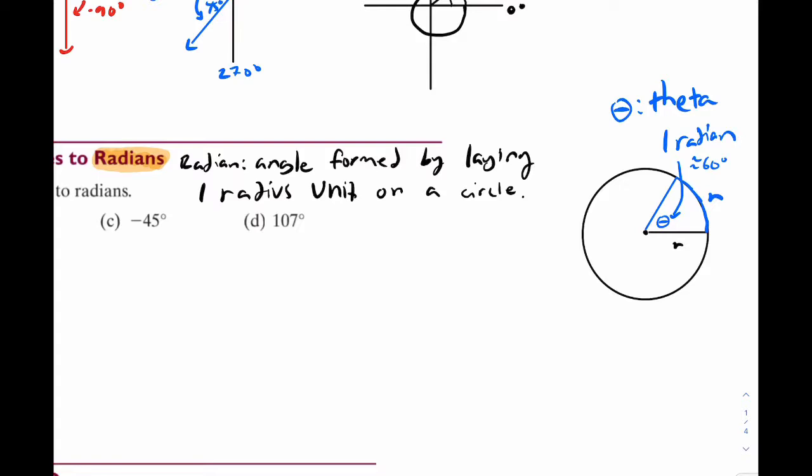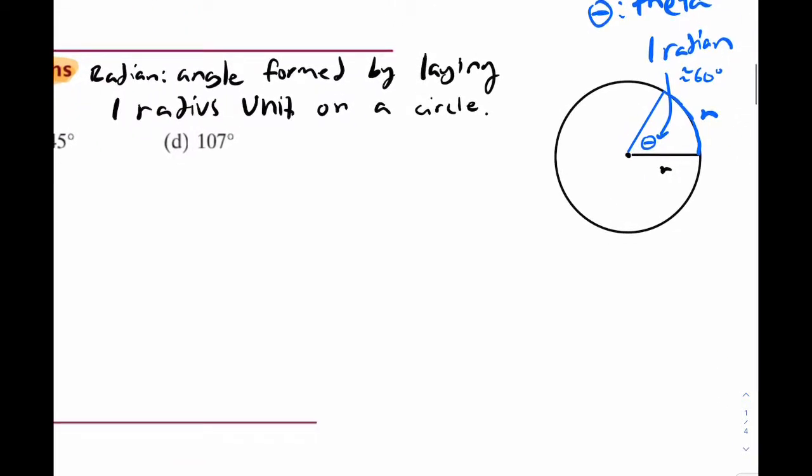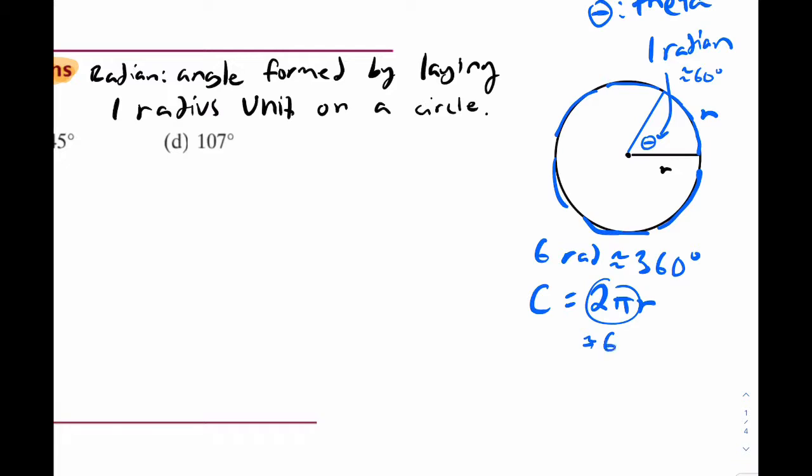Now the reason for that is because if you were to keep going, let's say make 6 of these, notice how that would mean 6 radians is about 360 degrees, which means you should be able to take the radius and go around a circle 6 times. And you knew that from geometry because look at this formula. Circumference is 2 pi r, and this number 2 pi is about 6. So circumference is about 6 times the radius. So that's what we're saying here.